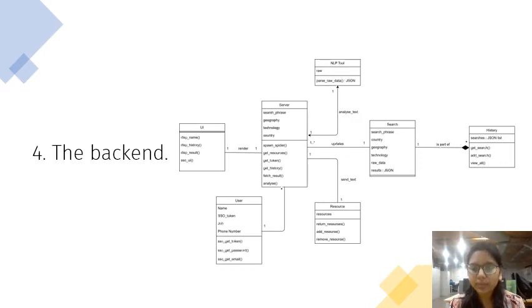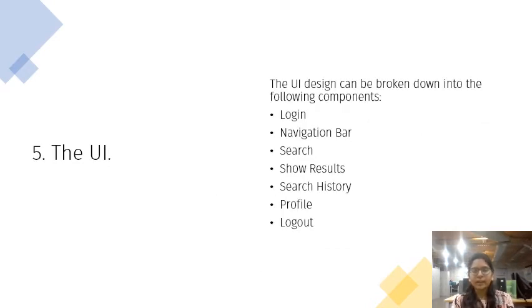So this is the UML diagram for our project. And then the UI design can be broken down into a lot of components. The login component allows the user to log in. Then there's a navigation bar, for which we have used Bootstrap.